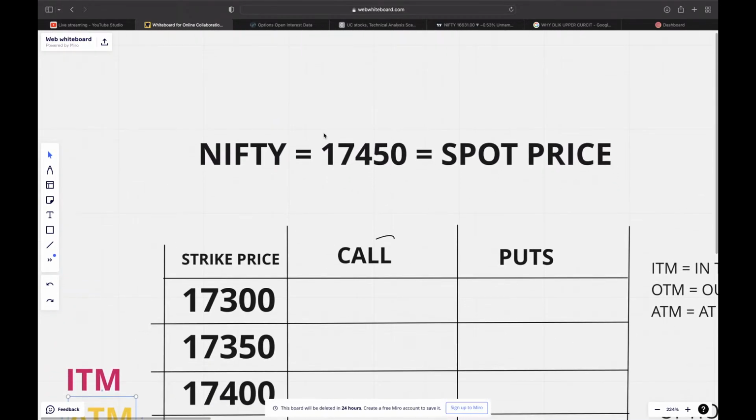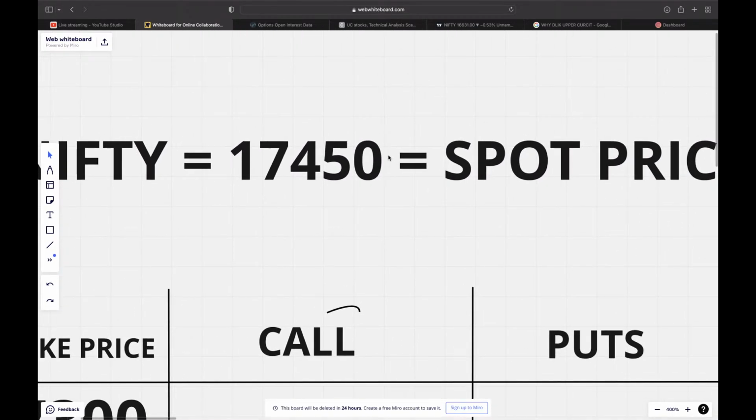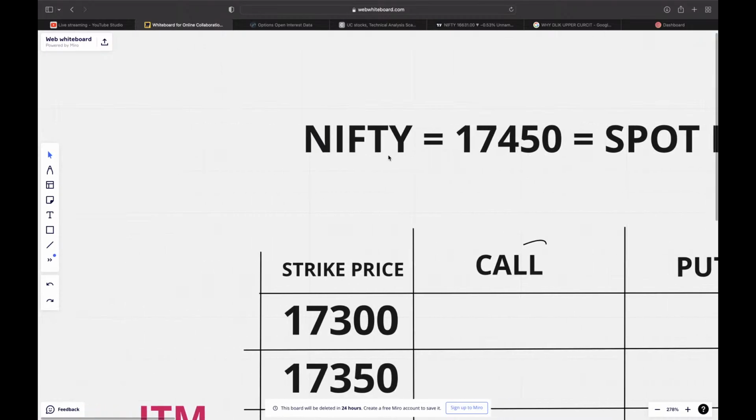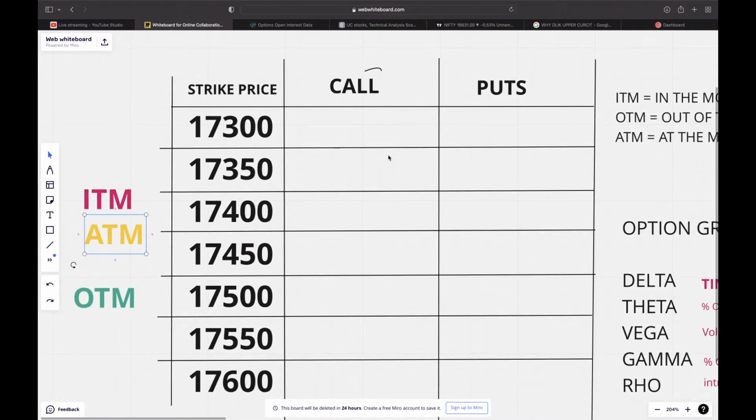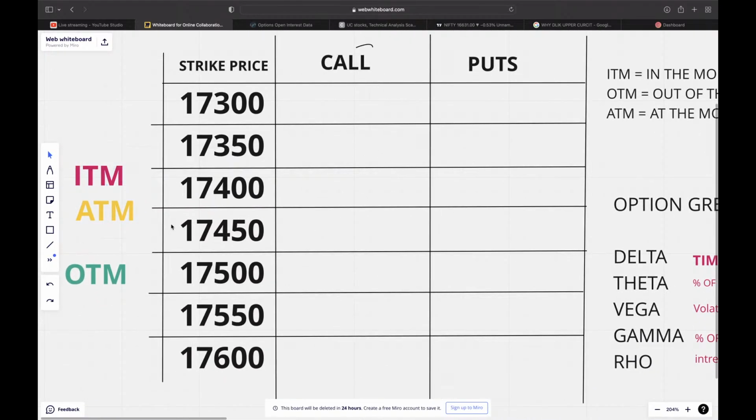Now, guys, Nifty 17,450 is the spot price, which is the current market price. This is the graph of ITM, ATM, OTM. The current market price goes for the ATM, at the money, because it is at current levels. Now tell me, ITM is in the money.